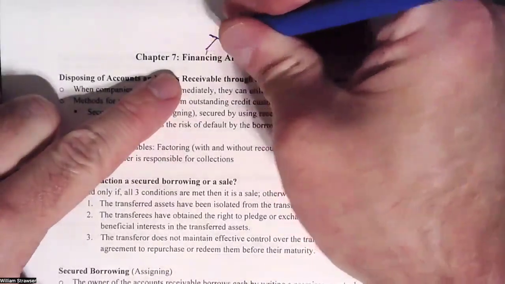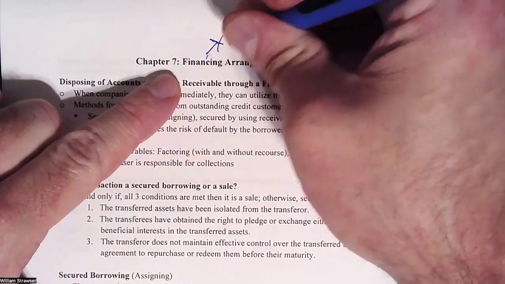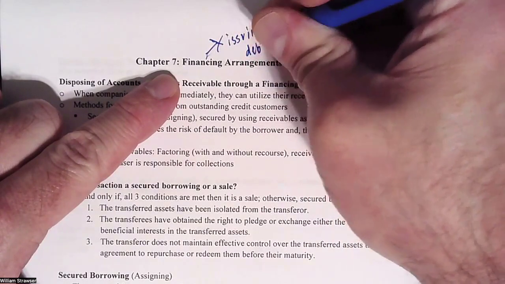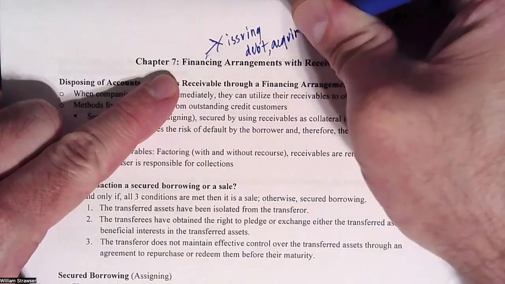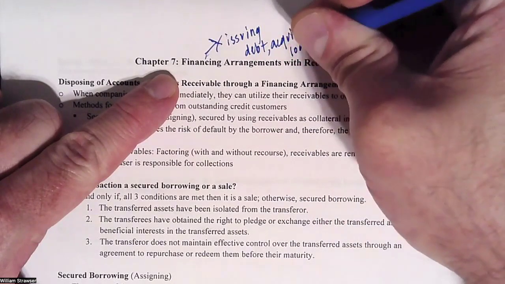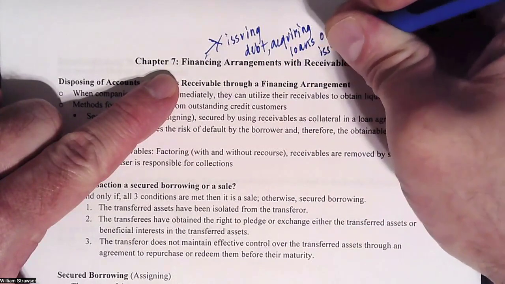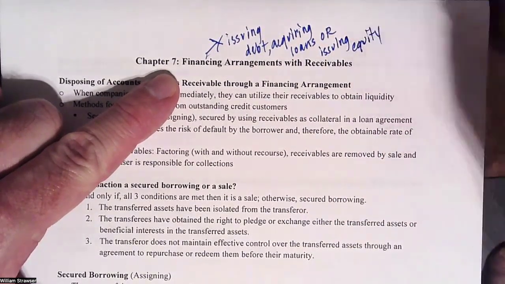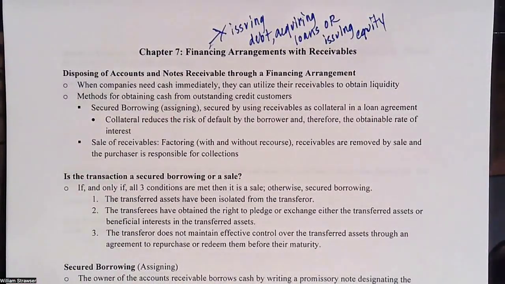Well, financing tends to revolve around us either issuing debt, acquiring loans, or issuing equity, right? Those are the typical ways of financing our company's operations and their business model.